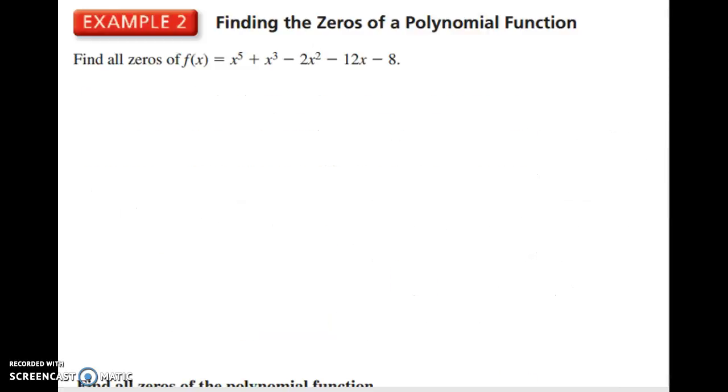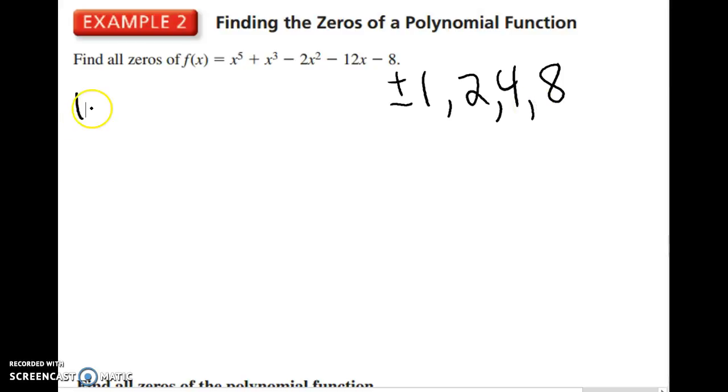Next, go to example 2. And we want to find all the zeros of this function. We know from the previous section that all the possible roots, or the zeros, of this function are plus or minus 1, 2, 4, or 8. So I'm just going to use synthetic division and try a root of 1.